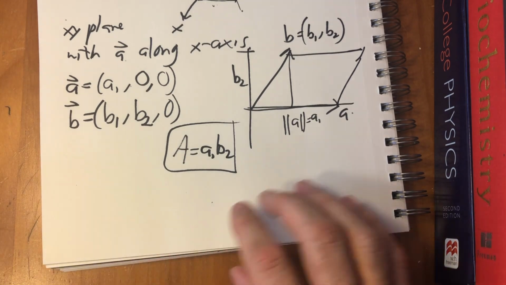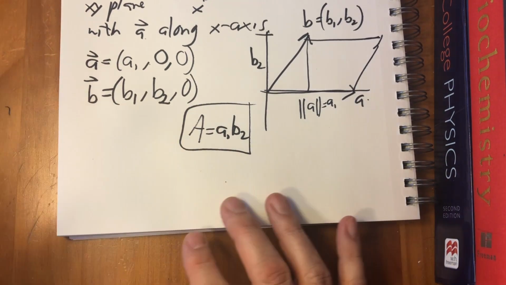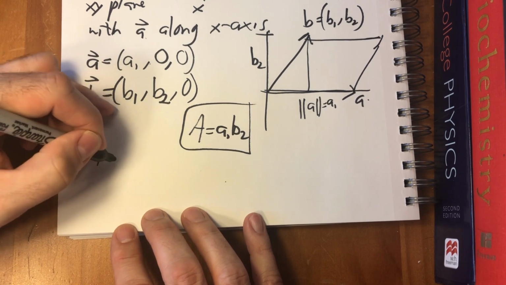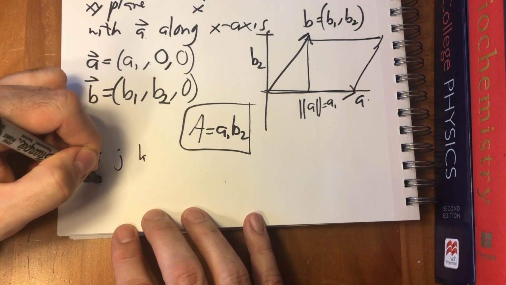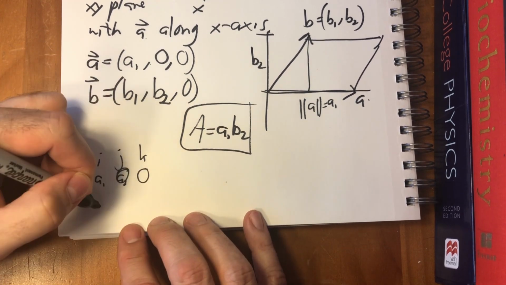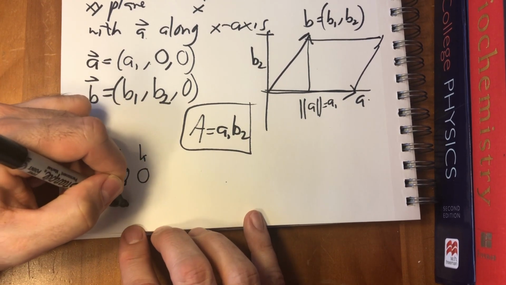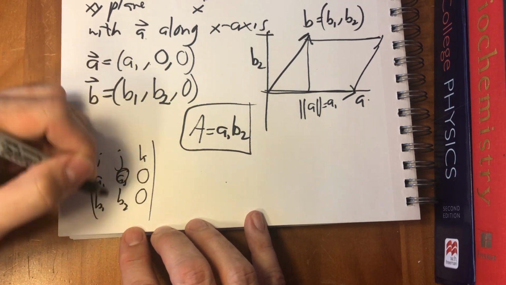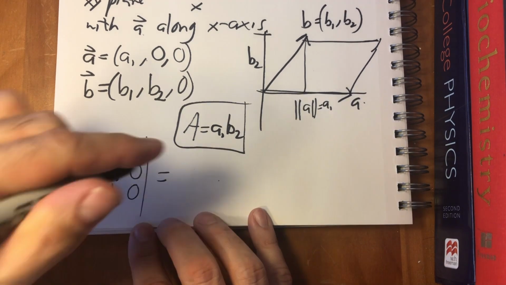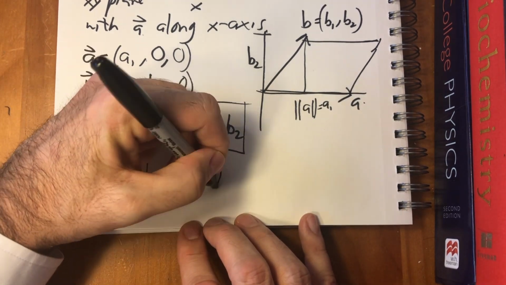So now what we need to do is see if that matches the cross product. So if we have i, j, k, and then we have A1, 0, and 0, and then B1, B2, and 0. If we just take this, it's 0 minus 0 times i.